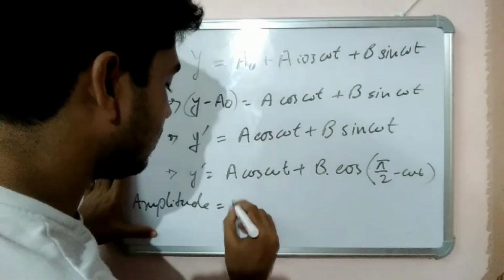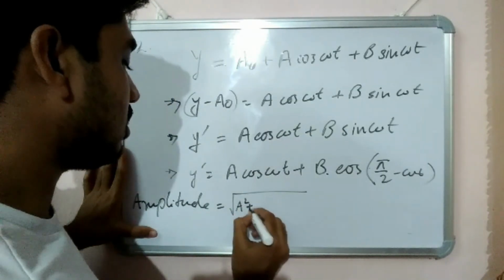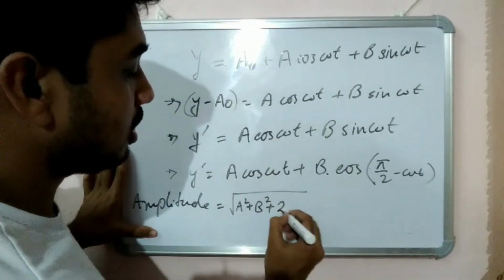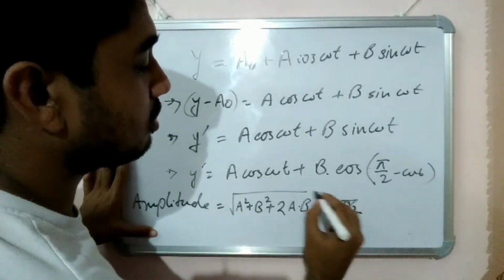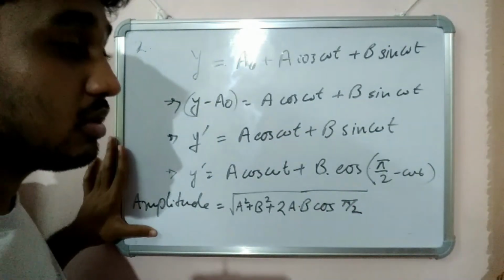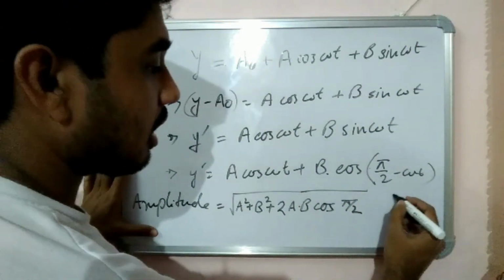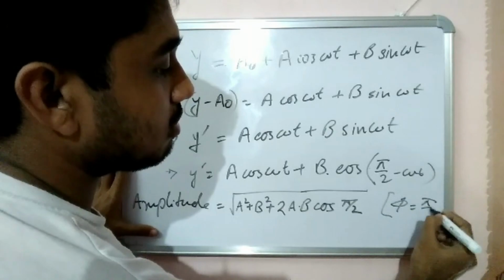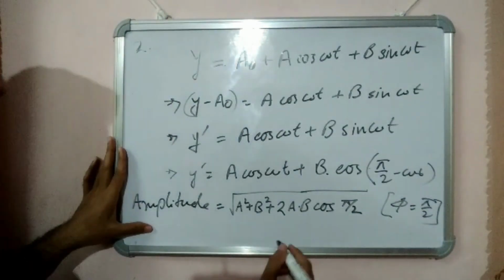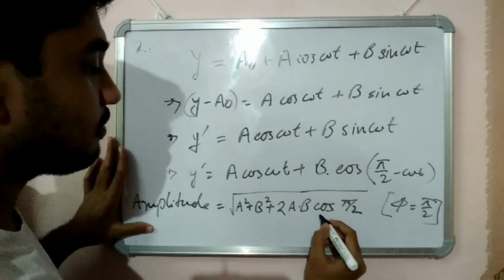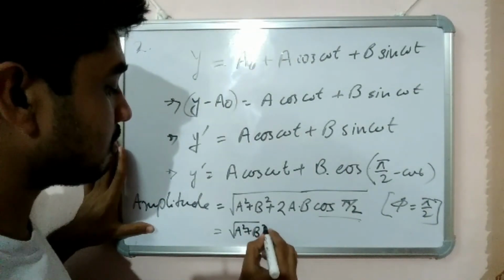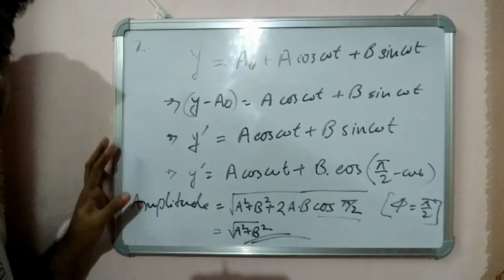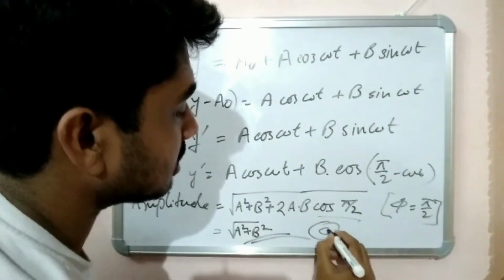You know that it is A square plus B square plus 2AB cos pi by 2. Why pi by 2? Because the phase angle is pi by 2, that's why. So this is 0, and amplitude will be the square root of A square plus B square. This is our amplitude, and this is option C.